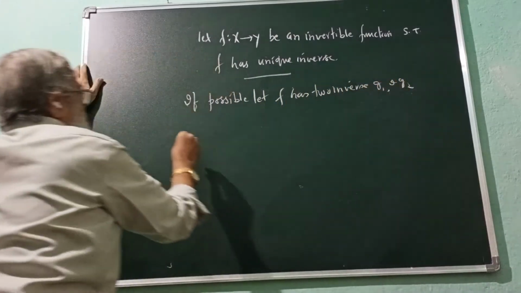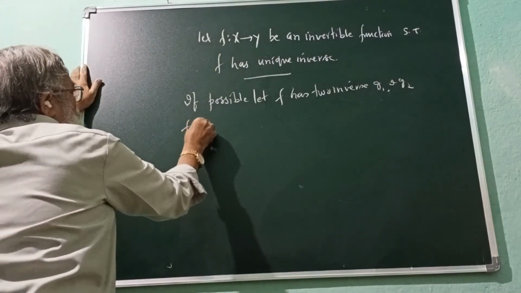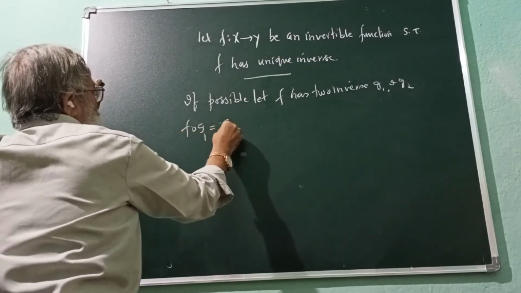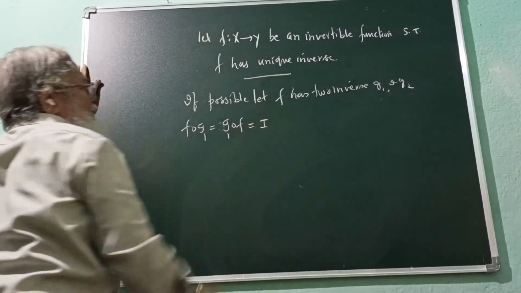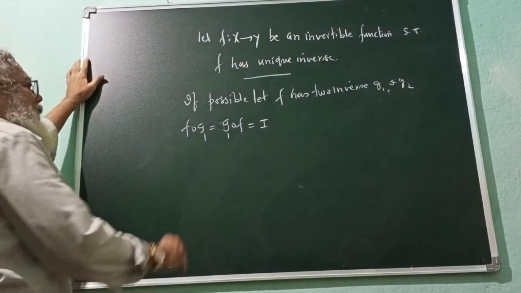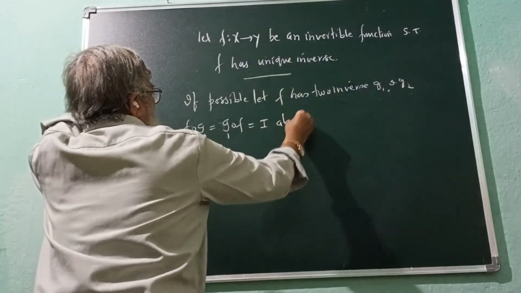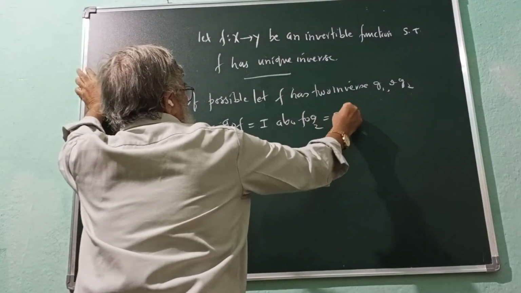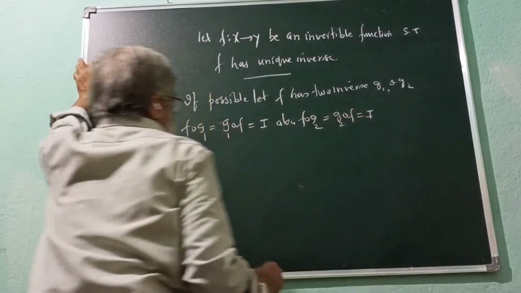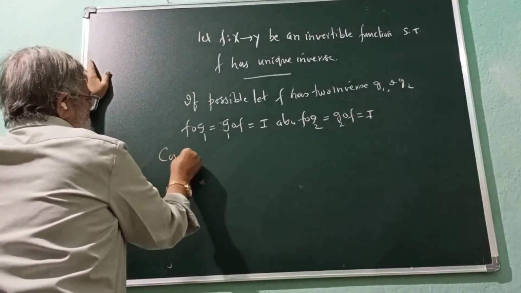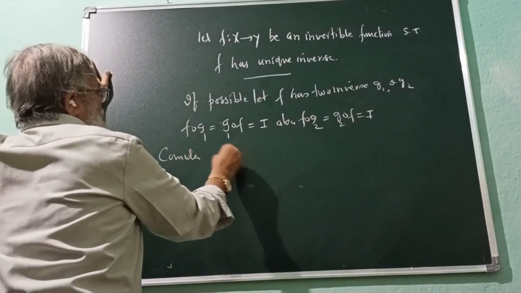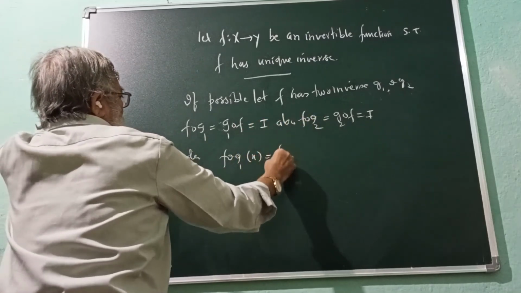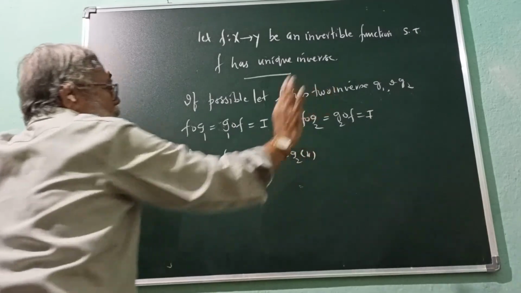Then we have f composition g1 is equal to g1 composition f is equal to I. And here g2 is also an inverse, so f composition g2 or g2 composition f is also I. Now by these two equations we can write f composition g1 of x is equal to f composition g2 of x, because both are equal to the identity mapping.